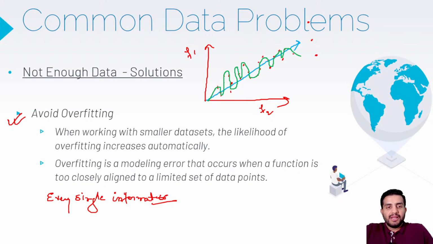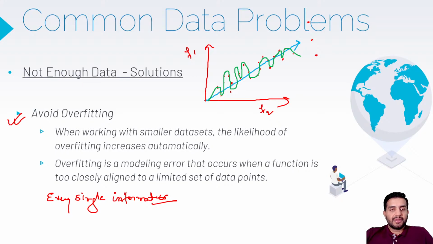So that is what the problem of overfitting says. We are becoming too rigid and we are trying to capture every single piece of information which is not required to generalize. And that will happen if we do not have enough data points. If we do not have enough data points, I am not able to generalize my trend, and I will not be able to capture the holistic view of my observations here.